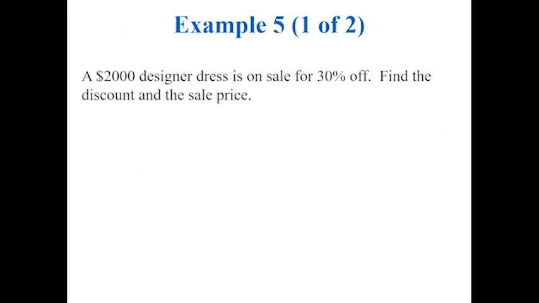A $2,000 designer dress is on sale for 30% off. Find the discount and the sale price. So if it's 30% off, I want to know what 30% of 2,000 is.